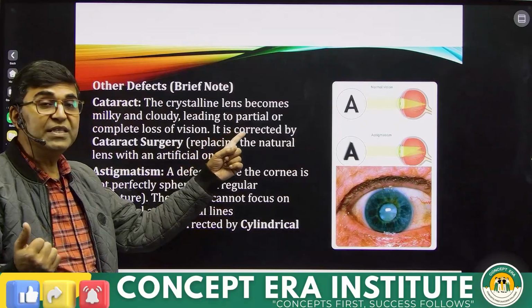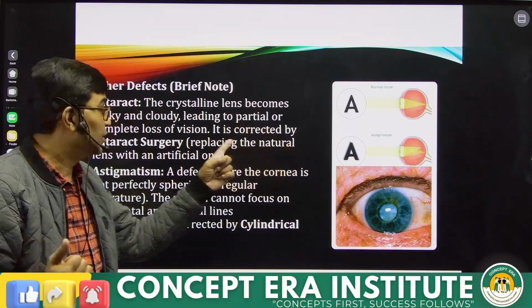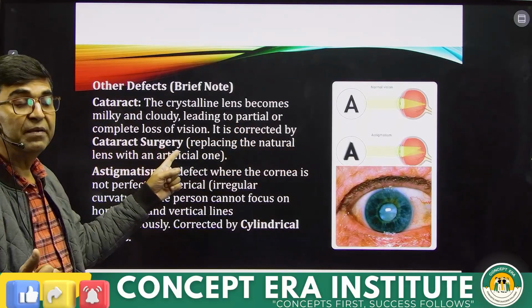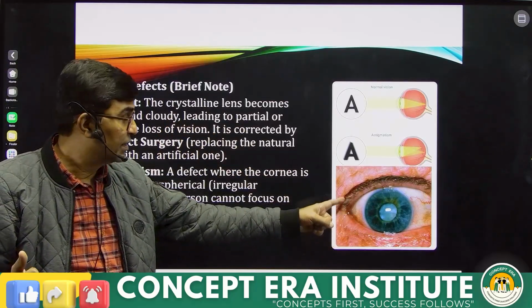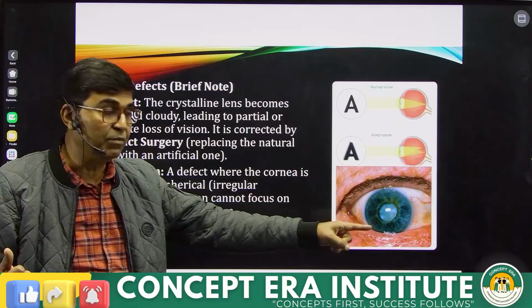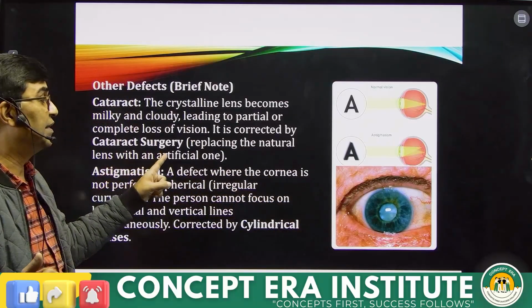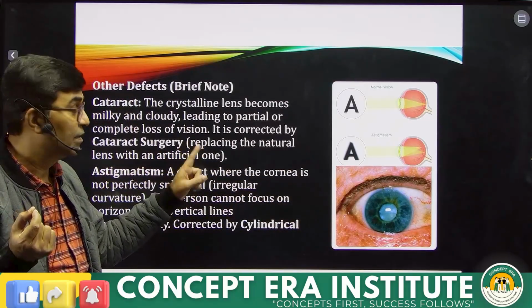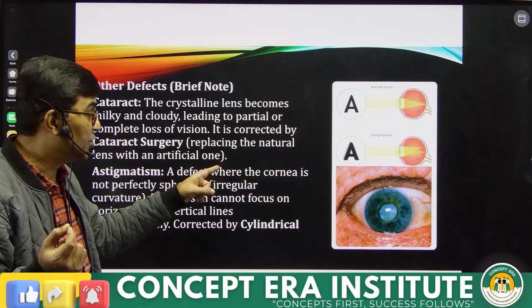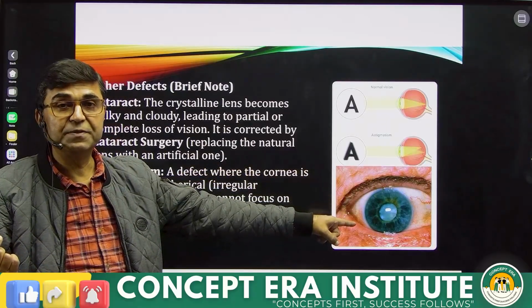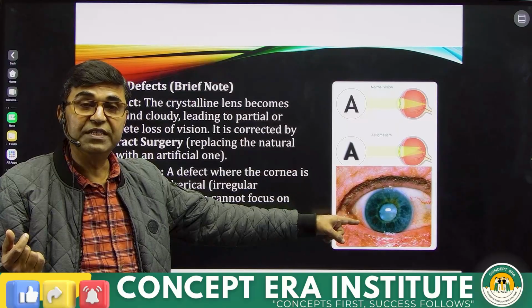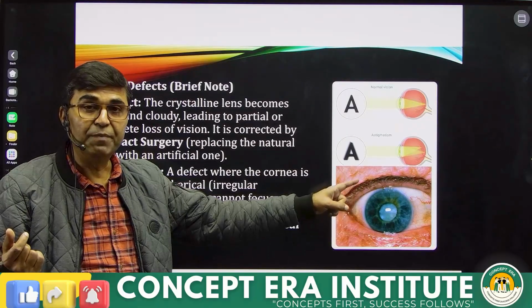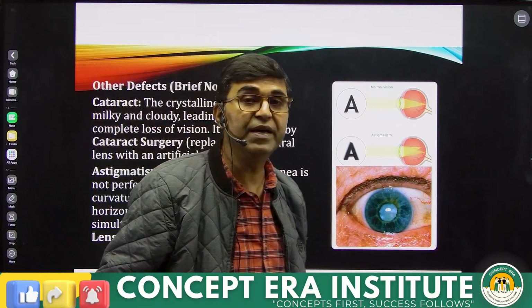And it can only be corrected through cataract surgery. That means the eye is operated upon, the milky lens is removed, and a synthetic lens, just like an eye lens, is placed in its place, so that vision is restored. The milky lens is replaced by a clear lens.